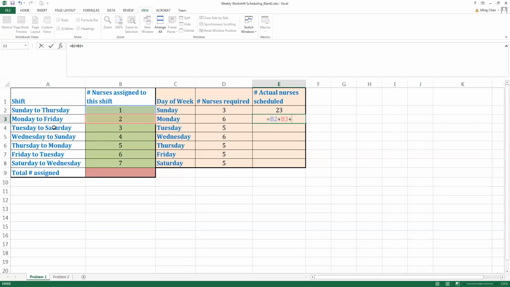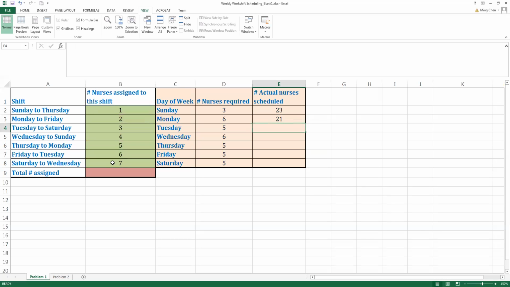Those who work from Tuesday to Saturday will be taking Sunday and Monday off, so they will not be working on Monday. What about Wednesday to Sunday? Those people will be taking Monday and Tuesday off, so they will not work on Monday. What about Thursday to Monday? Yes. Friday to Tuesday? Yes. Saturday to Wednesday? Yes. So this is the total number of people who will be working on Monday.